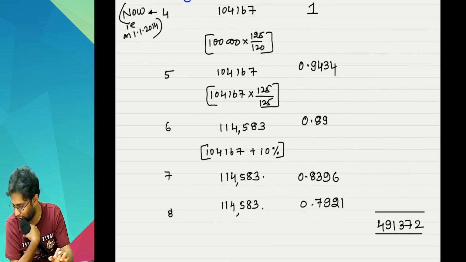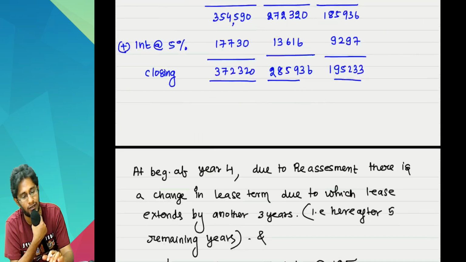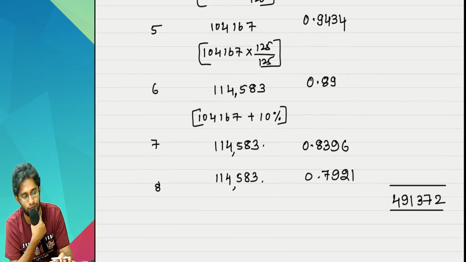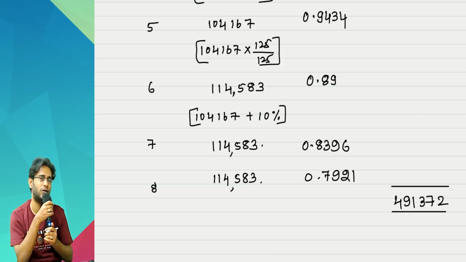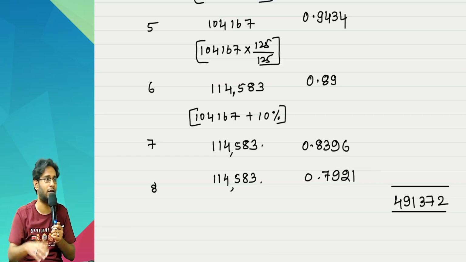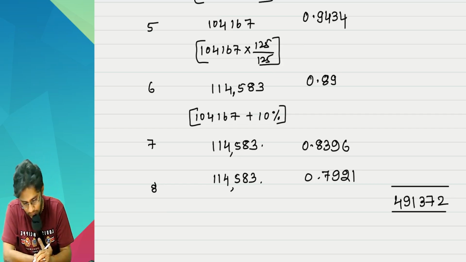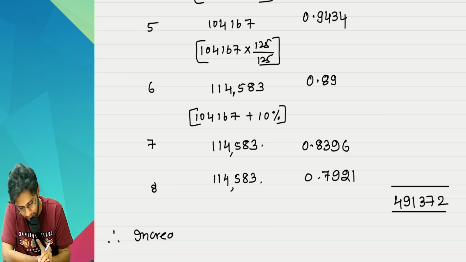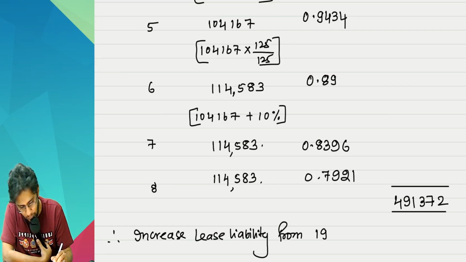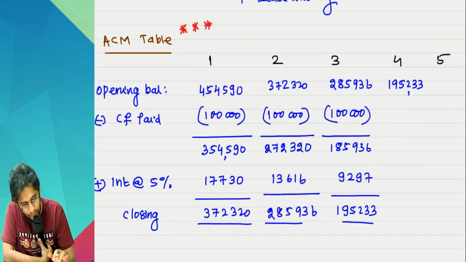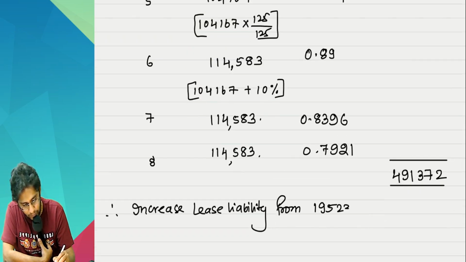So from where you have to go to where? From 195 you have to get yourself updated to 491. Sir, such a huge increase, why sir? Because the lease period is extended by 3 years. No sir, but 3 years of lease rent liability gets added, so obviously that will be huge. So increase lease liability from 195,233 to 491,372.